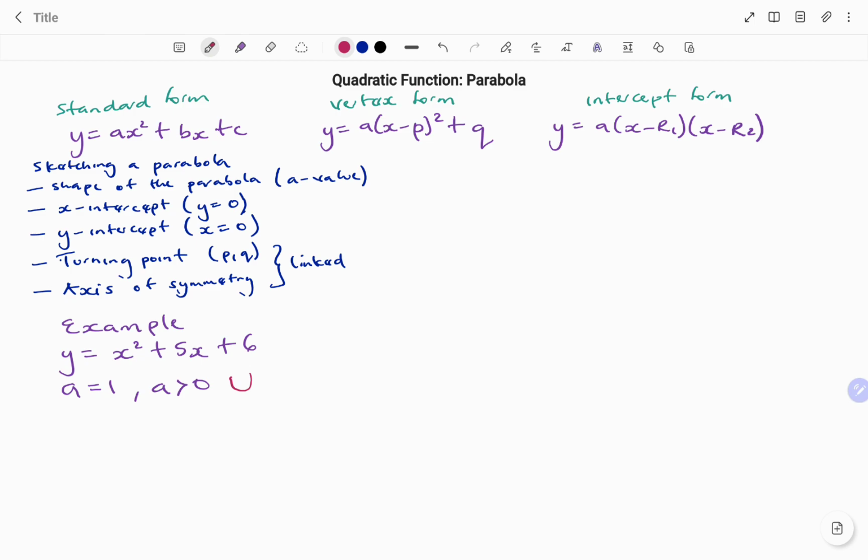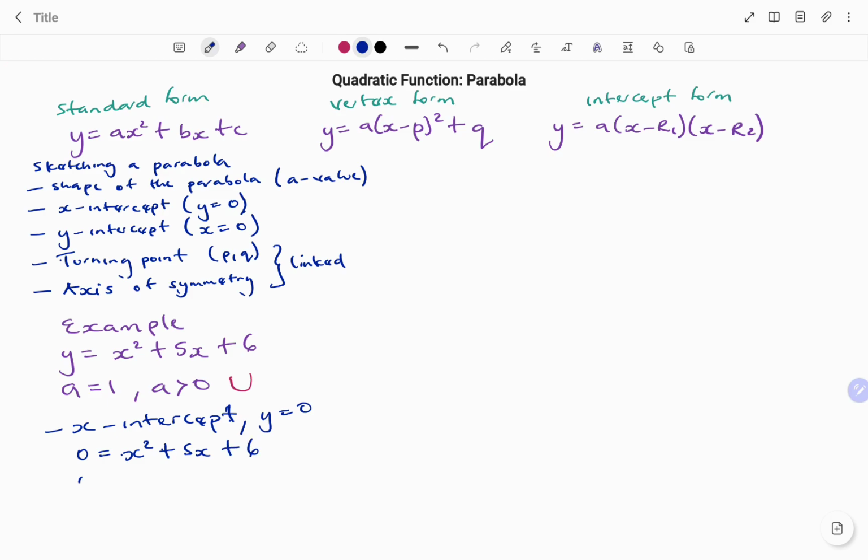The second step is I need to determine what my x-intercept is. To find my x-intercept, I need to make the value of y to be 0. Solving that, I have 0 equals x squared plus 5x plus 6.